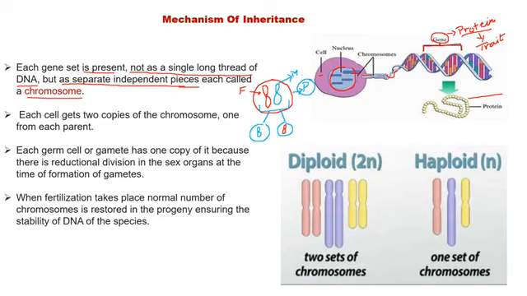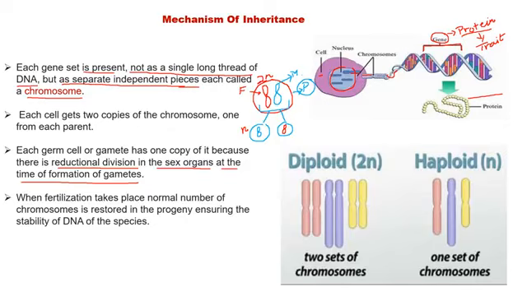So each germ cell or gamete has one copy of it because there is a reductional division in the sex organ at the time of formation of gametes, right? If I say this is 2n, that is the diploid condition, then this is the haploid condition. What is a haploid condition? Half the number of chromosomes, right? I'm not showing here all the 23 chromosomes, but only one set of chromosomes. There are two chromosomes over here.